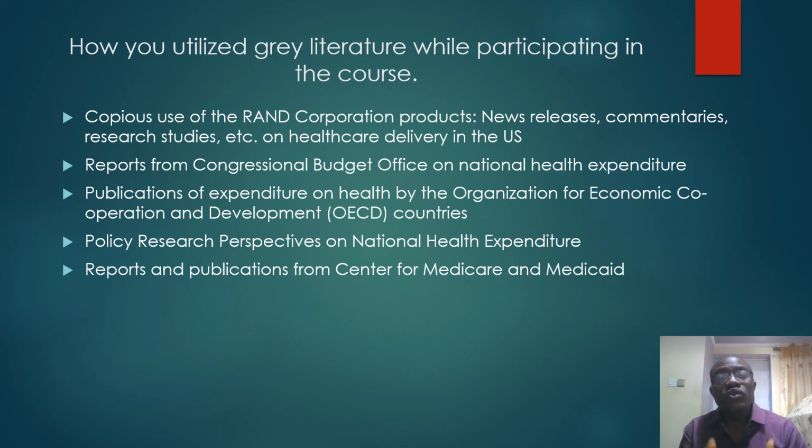Then we have also looked at publications of expenditures on health by the Organisation for Economic Co-operation and Development countries all over the world. Then we have also been able to make use of policy research perspectives on national health expenditure in the US. Lastly, we have also been able to use reports and publications from the Centers for Medicare and Medicaid.